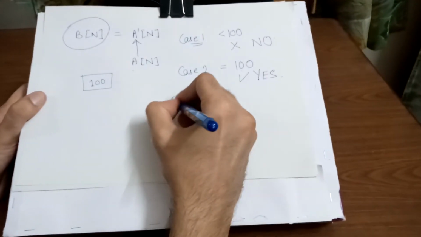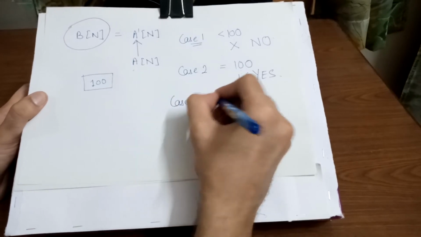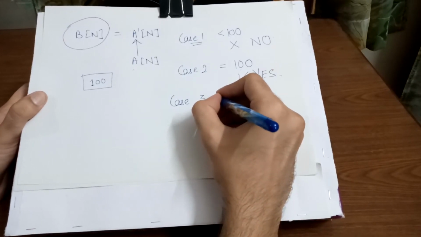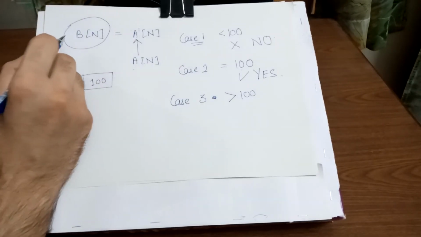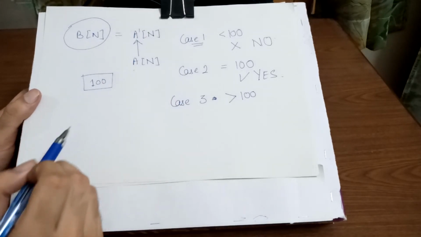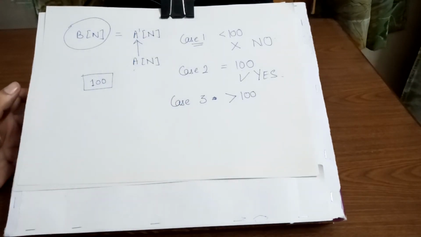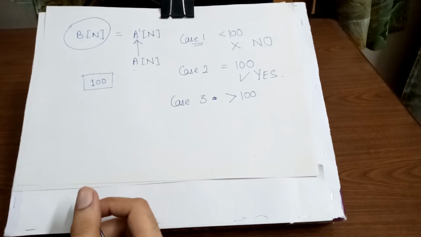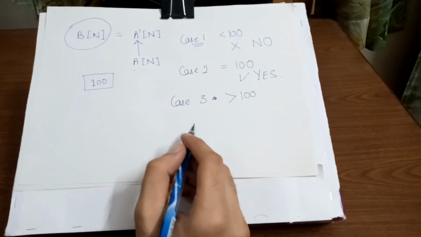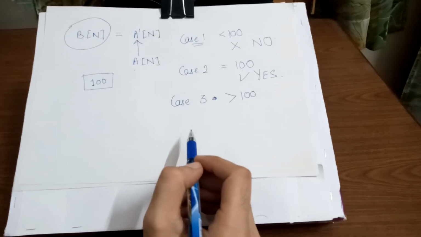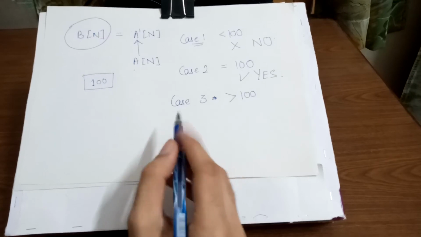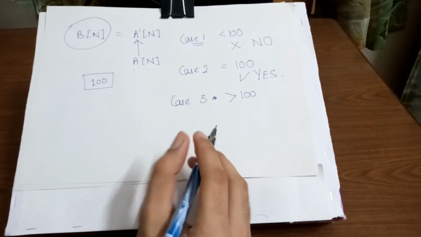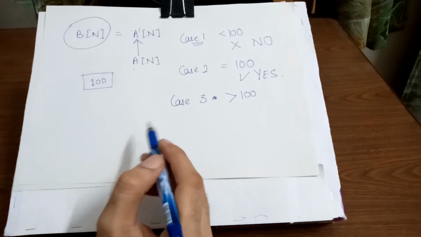Now comes the third case, which is when the sum of all elements of B is greater than 100. Now this is an interesting one because it will require us to see how much the sum is actually greater than 100, because with that knowledge we can calculate how much for each element present in array B we need to subtract to get to 100.